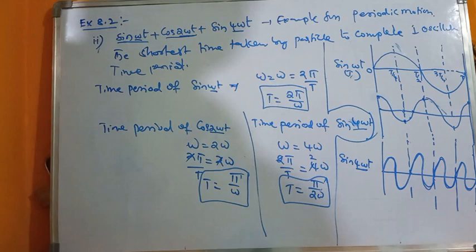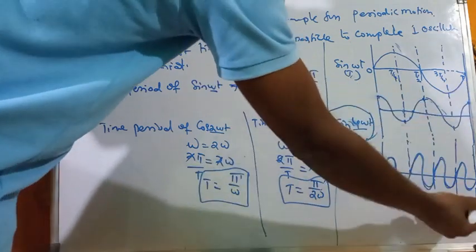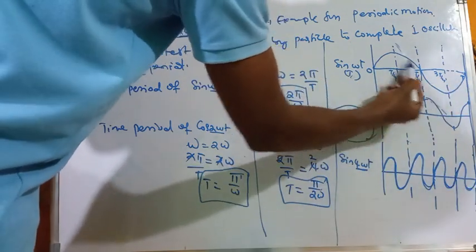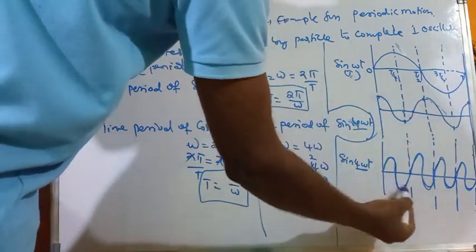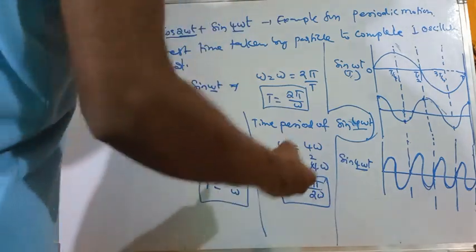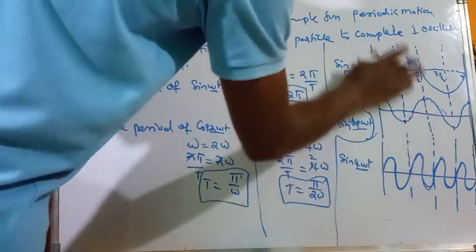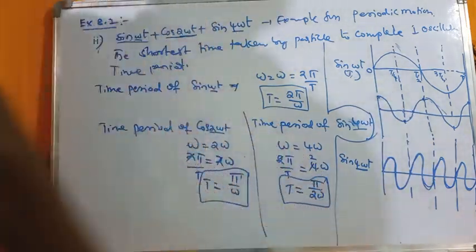So by these diagrams we can understand the total system. Within one time period, one function completes one cycle only, one completes two cycles, and one completes four cycles. But after this time period, all of these repeat the motion.